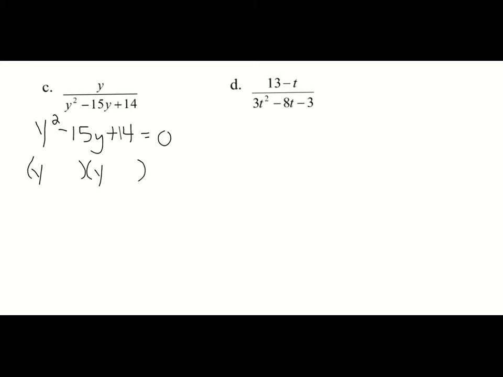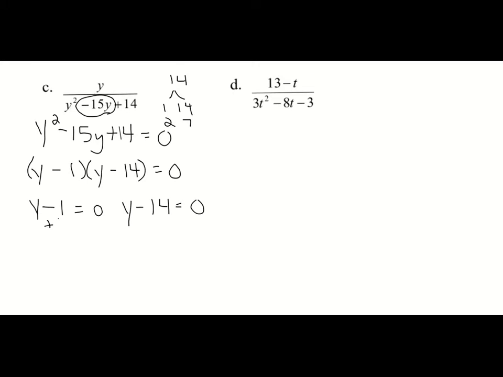So for 14, I know to get 14, I can do 1 and 14 or 2 and 7, but I need a negative 15. So I'm going to have to use 1 and 14, and they're both going to be negative. And again, that will equal 0. So now, remember, I set those both to 0.